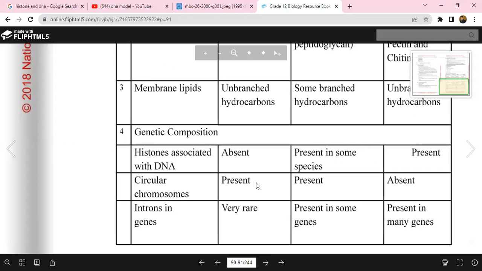Yes, sir. Right. Thereafter, they are telling about another comparison. Introns in genes. So, I have to explain to you what is meant by that.